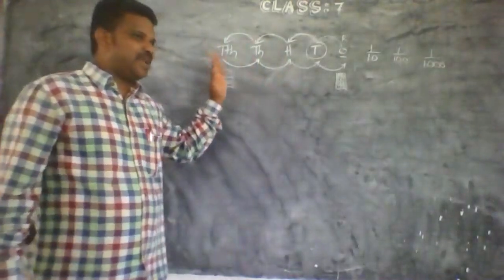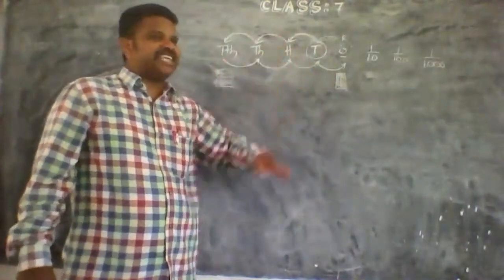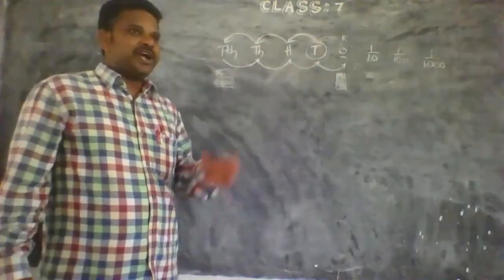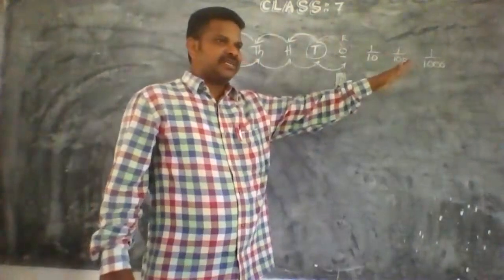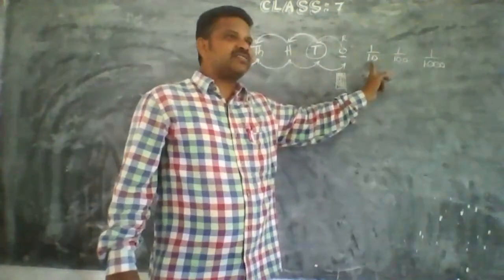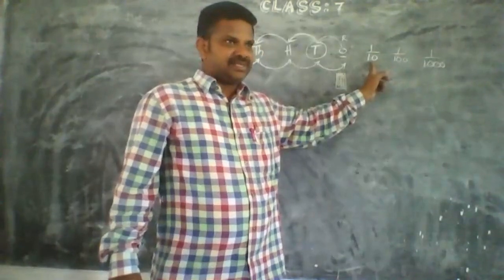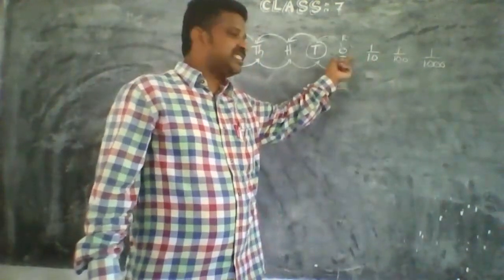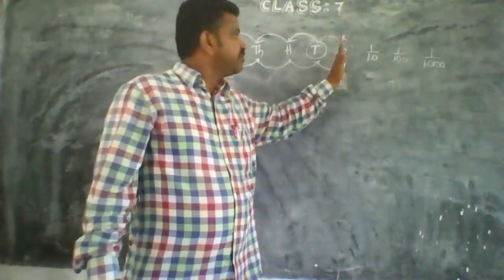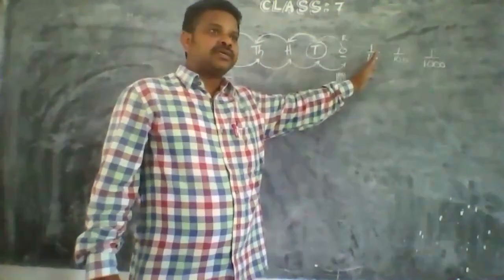When we move from left to right, each place is decreased by 10 times. After one's place, the first place is 1/10. Why has 1/10 come? When 1 is divided into 10 parts, one part is 1/10.